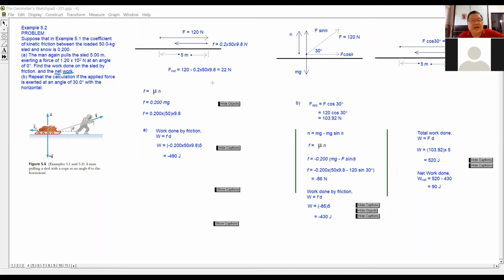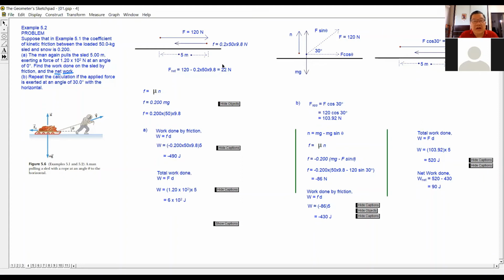And how much is the net force? We're going to calculate the net force. The net force is 120 minus 0.2 times 50 times 9.8.